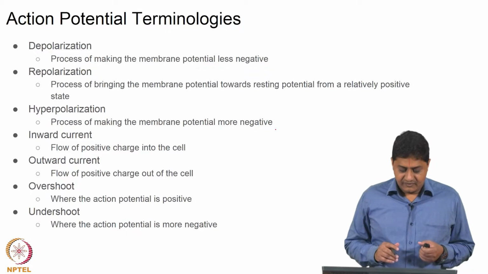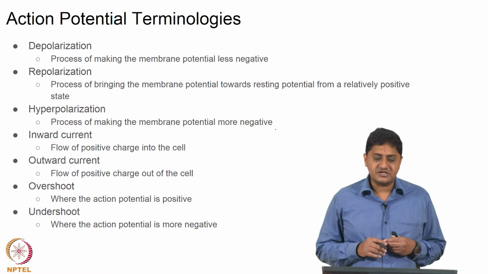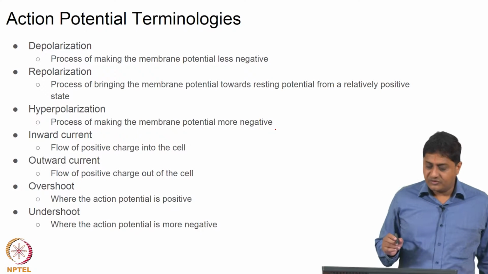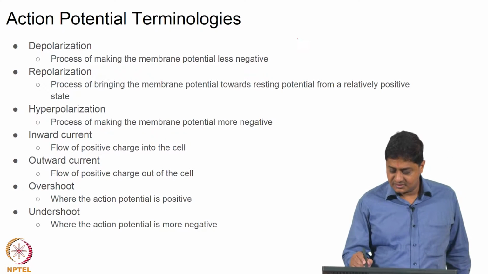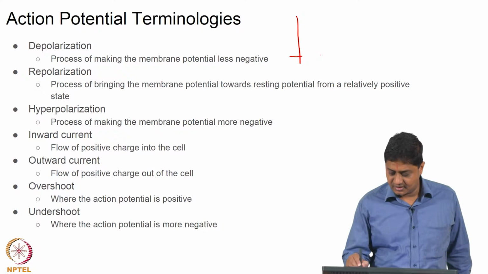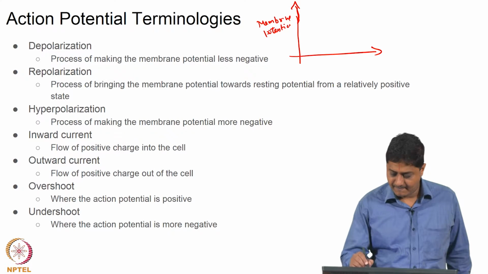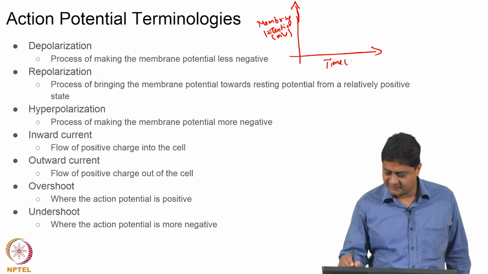So, then we have the situation with action potential. We will have to discuss what this is in a bit. Suppose we take the case of membrane potential in millivolts, and this is time, say in milliseconds.